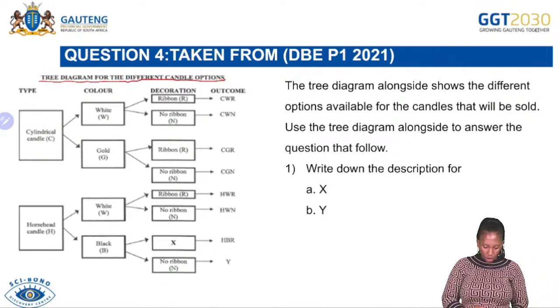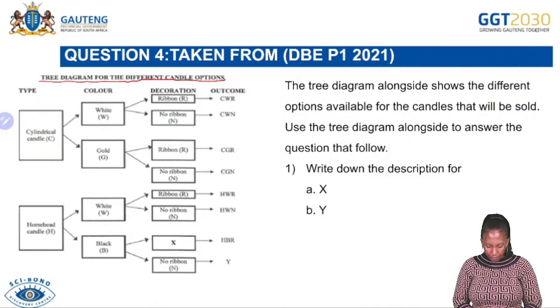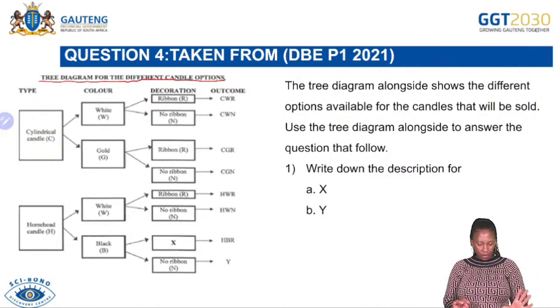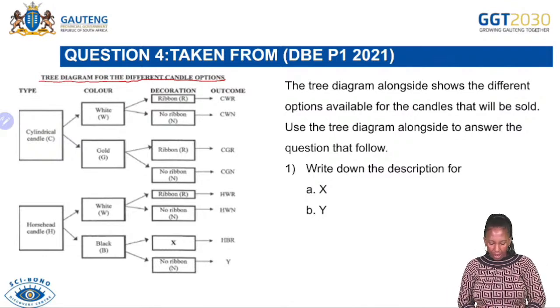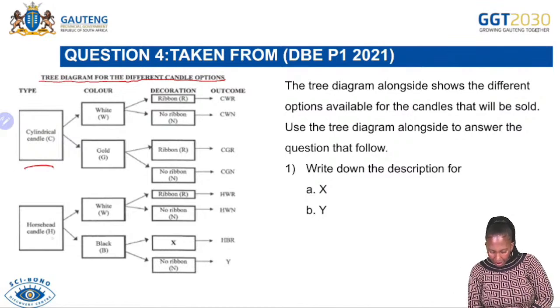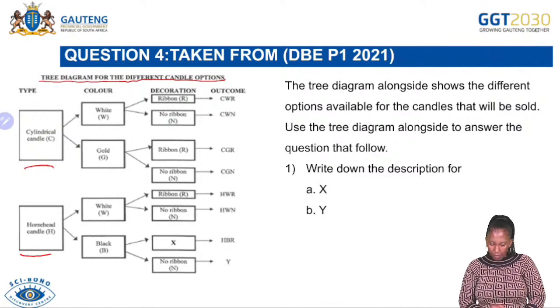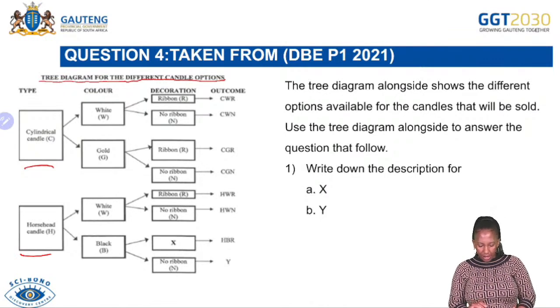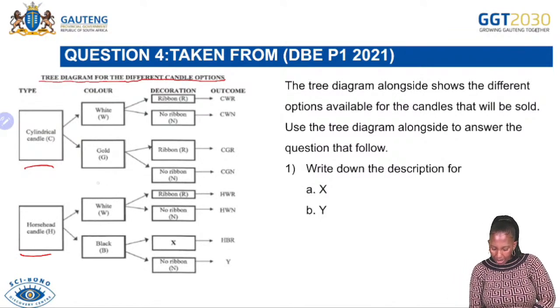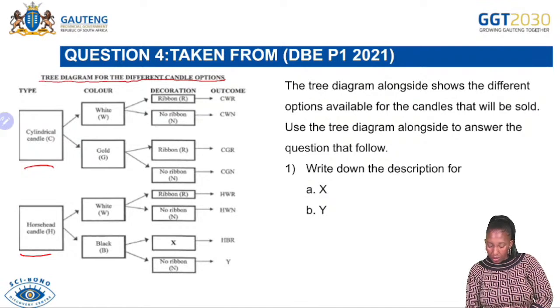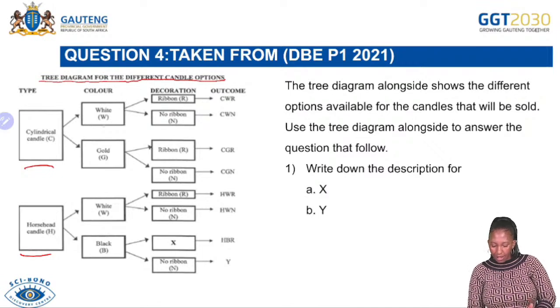So in that store, they're selling 2 types of candles. They have the cylindrical candle, and then they have the horsehead candle. And then the cylindrical candle has white or gold ribbons, meaning it has 2 colors, white or gold.